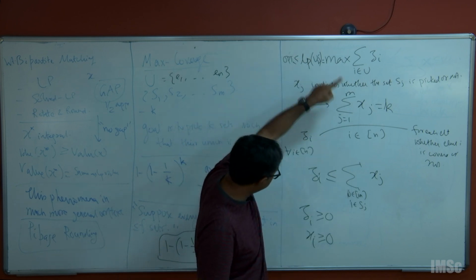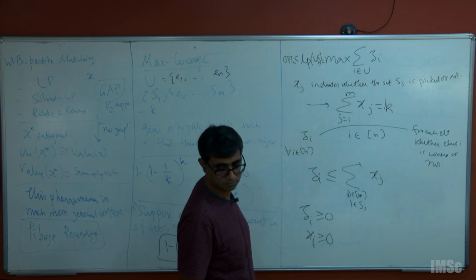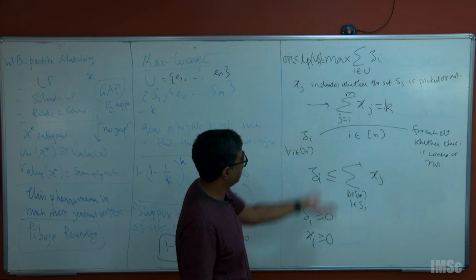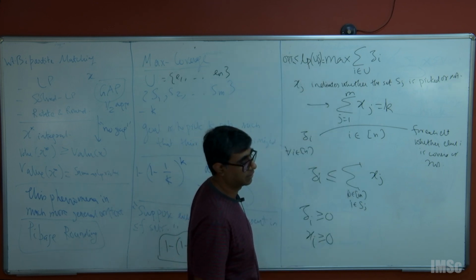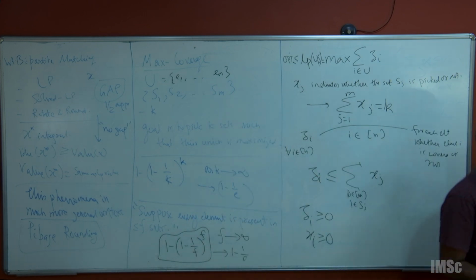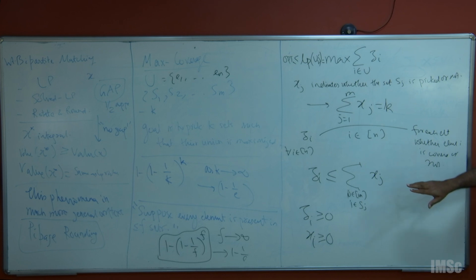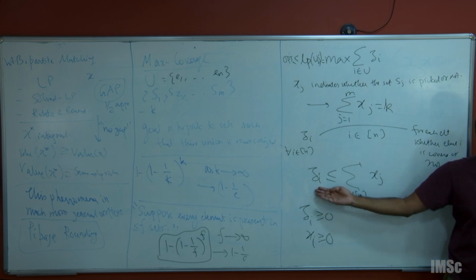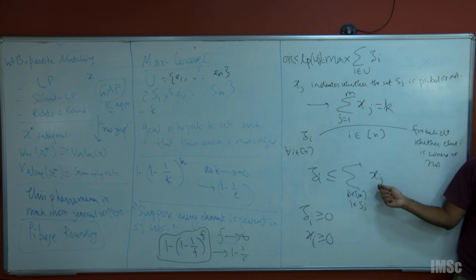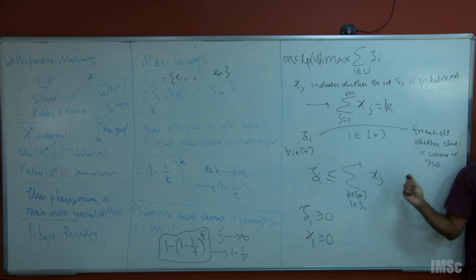I claim that all these constraints are satisfied. Of course, you have picked exactly k sets, so this is equal to k. Look at any element: zi is either 0 or 1, and it is upper bounded by the sum over the sets that have been assigned 0 or 1. So if the element belongs to one of the covered sets, then zi is at most 1.